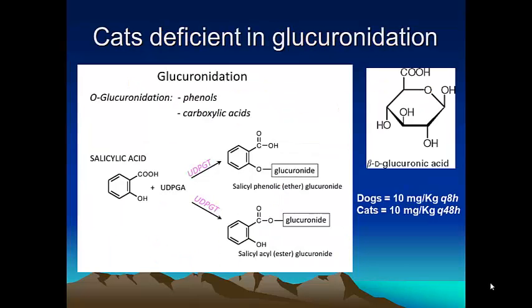If we look at this reaction, we see that salicylic acid, which is really what gets absorbed from the intestine when you give aspirin to a cat, is conjugated with glucuronic acid by a transferase in the liver, and because cats are deficient in this pathway, they have a very prolonged half-life of between 1 and 2 days, as opposed to dogs or humans, which have a half-life of 8 hours.